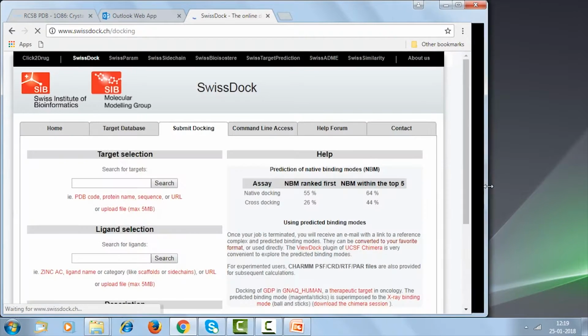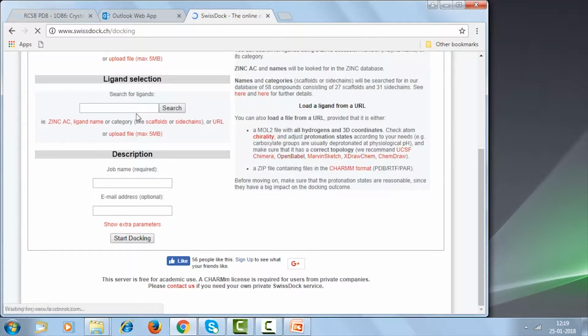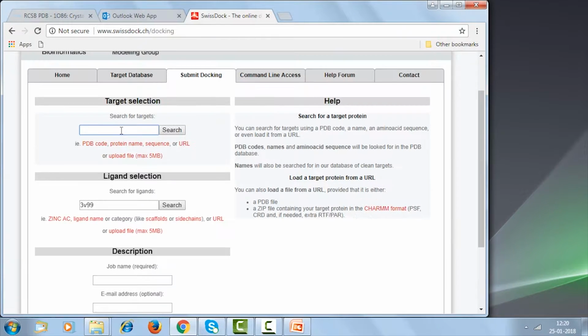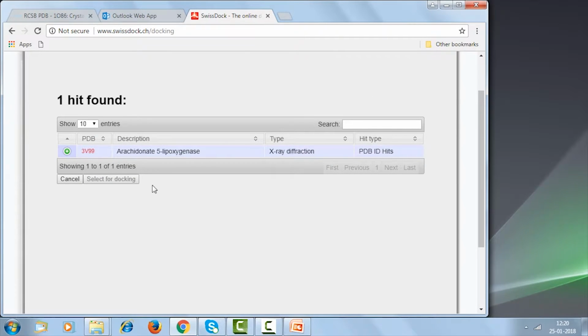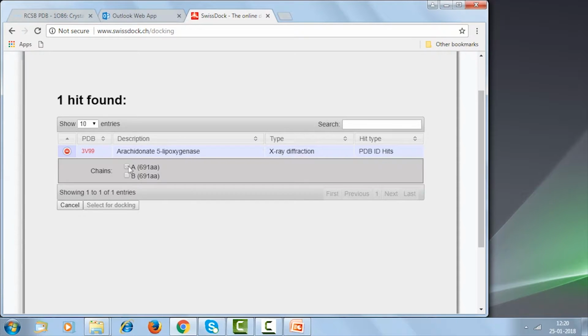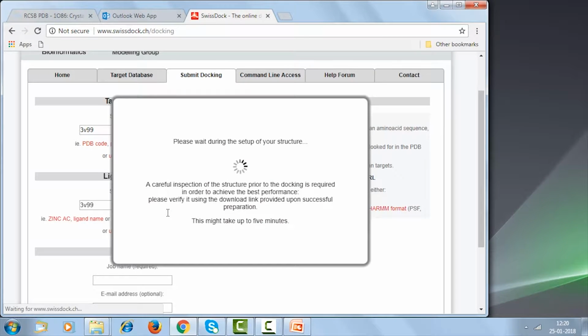I don't want to spend too much time, so here we give the target, say we can give 3V99, so we have this particular protein, and then here the other place we can put the ligand, and then we can submit for docking.